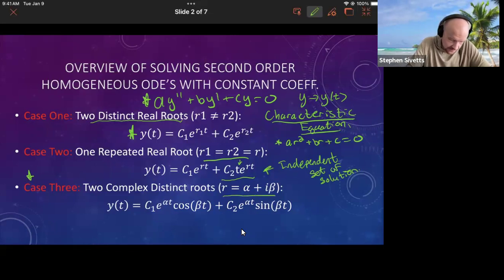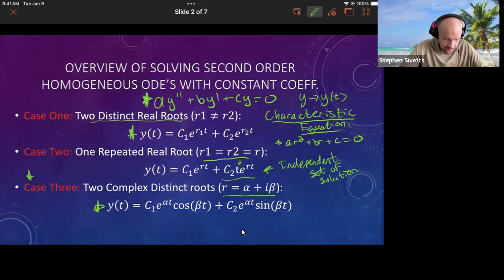Then y of t is equal to C1 times e to the alpha t times cosine beta t plus C2 times e to the alpha t times sine of beta t. So those are your general solutions for the homogeneous second order ODE.